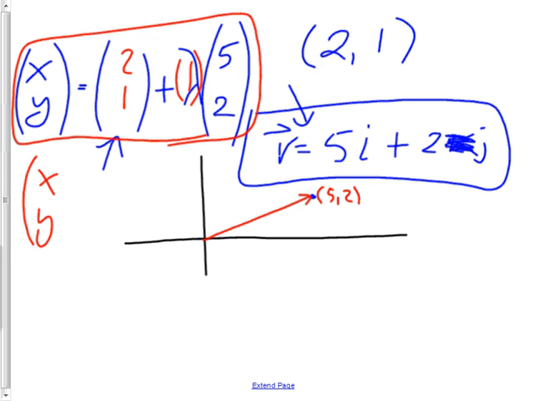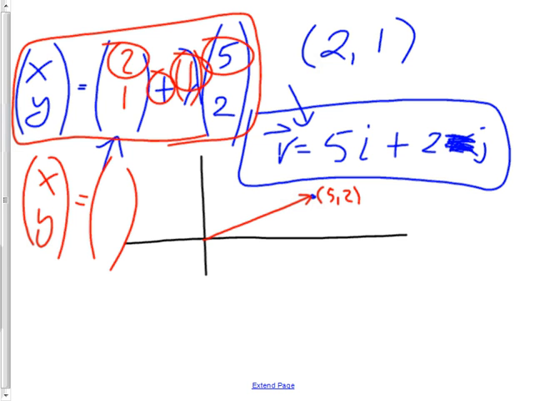X, y becomes 2 plus 1 times 5, which is what? 7. And 2 plus 1 times 2. So my new point is 7, 3. So now I can tell that my vector would start at 2, 1, and it would end at 7, 3.